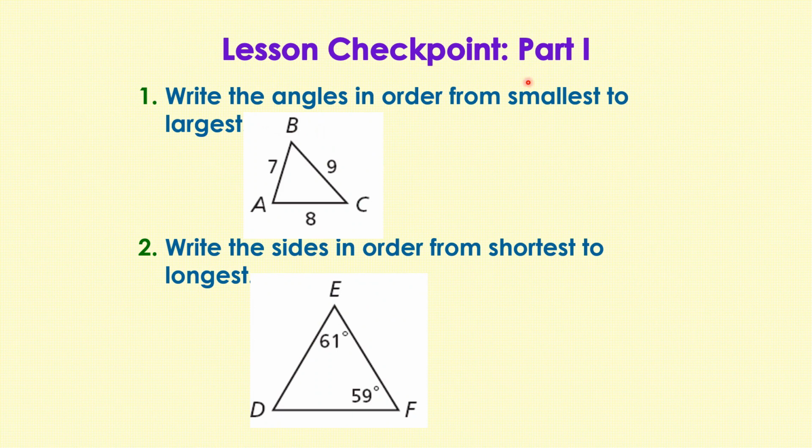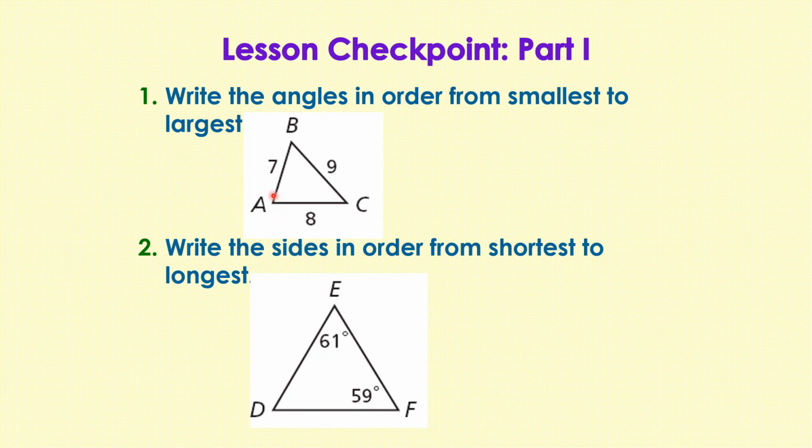Okay, write the angles in order from smallest to largest. Let's check whether you remember how to do this. If we arrange the angles, that means you are given the lengths of the sides. So from smallest to largest angle, we arrange the sides from shortest to longest.